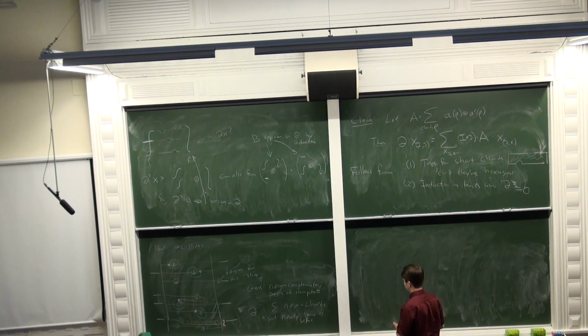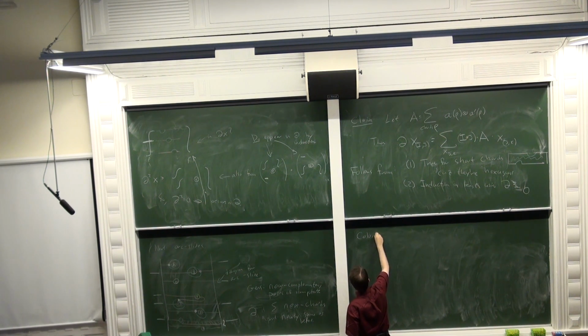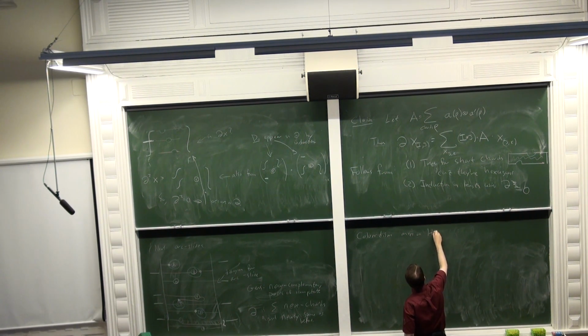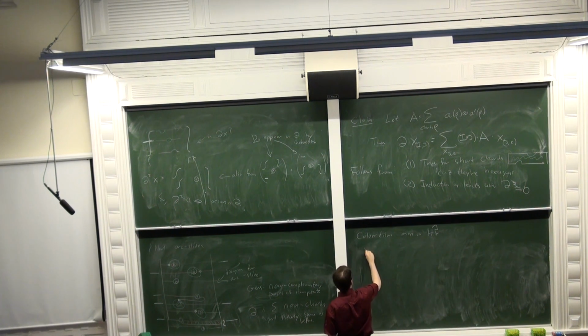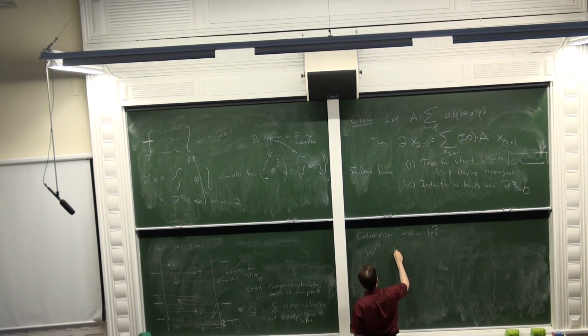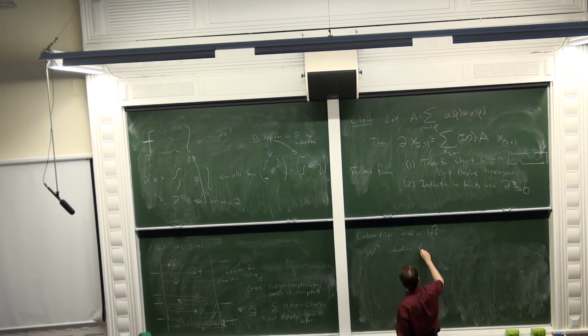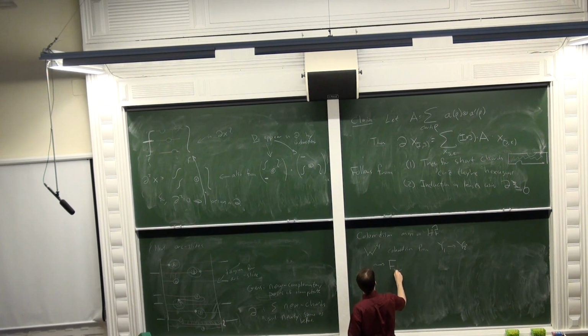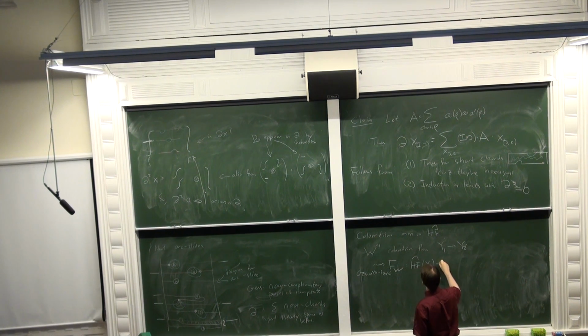So, cobordism maps on HF. If you have a 4-manifold, a 4-dimensional cobordism from Y1 to Y2, then it gives you a map from HF hat of Y1 to HF hat of Y2.